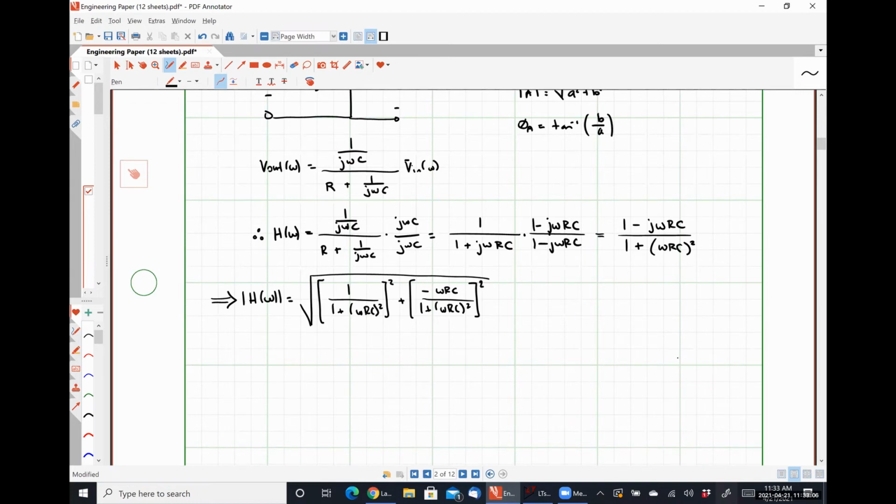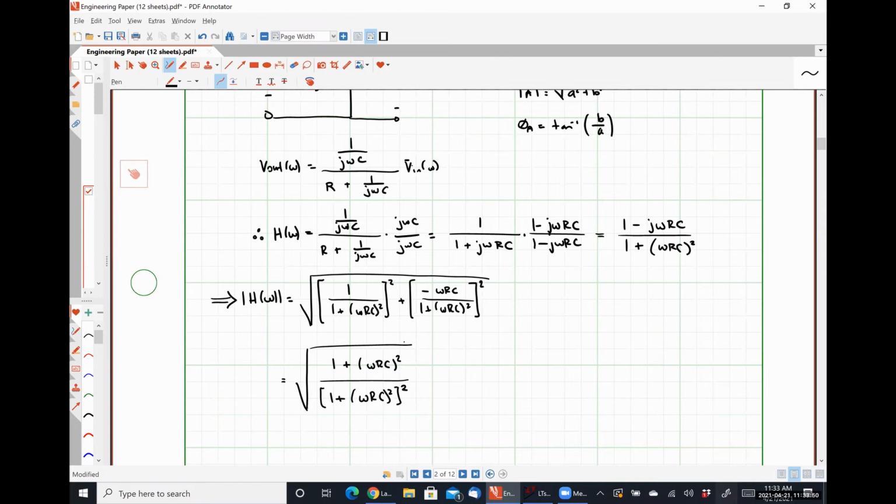And from this, I'm going to have 1 plus omega RC quantity squared divided by 1 plus omega RC quantity squared, squared, like so.